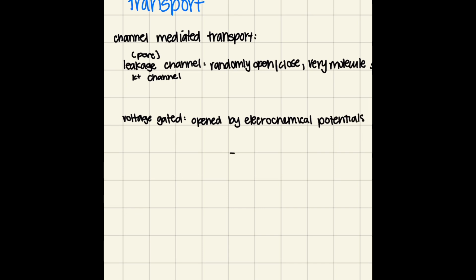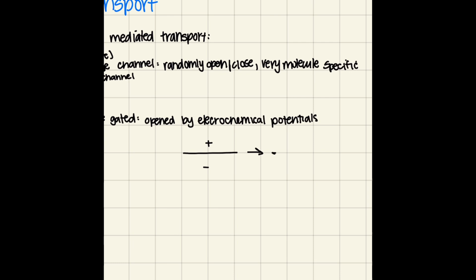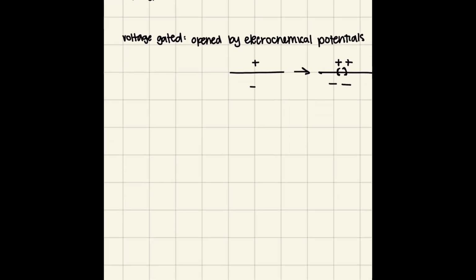Usually one side of the cell is positive and one side of the cell is negative. If that changes, or one side becomes more negative, then that will open the channel. A lot of the things that we talk about in this class are voltage gated channels.